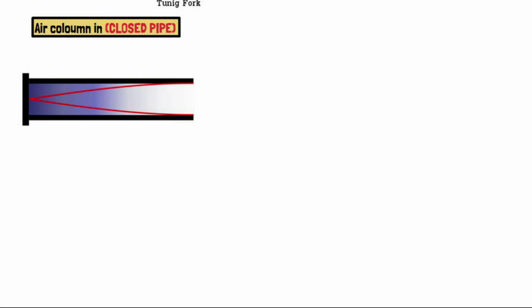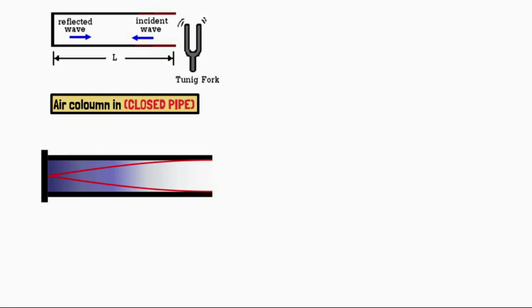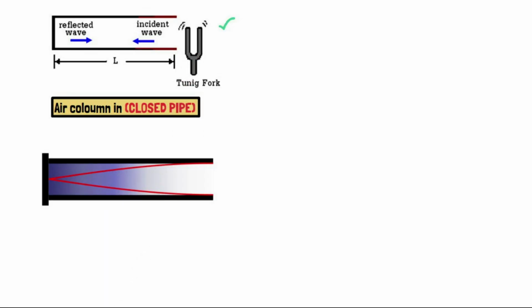Tapi sebelum tu, kena tahu berkenaan dengan closed pipe that the sound wave travels in the air column towards the closed end. So bila kita letak tuning fork at the open side of the pipe, the sound wave will travel in the air column towards the closed end. And what happened to the wave? The wave will reflect.